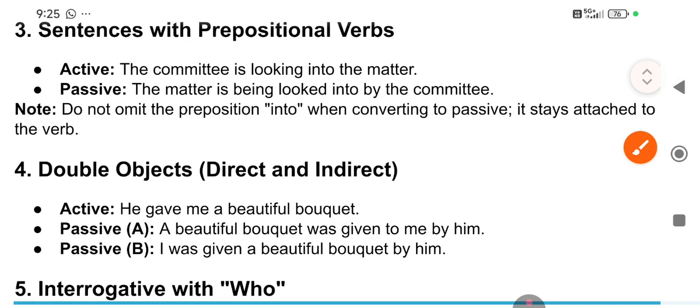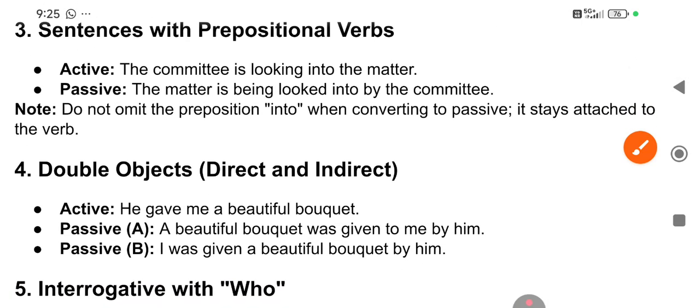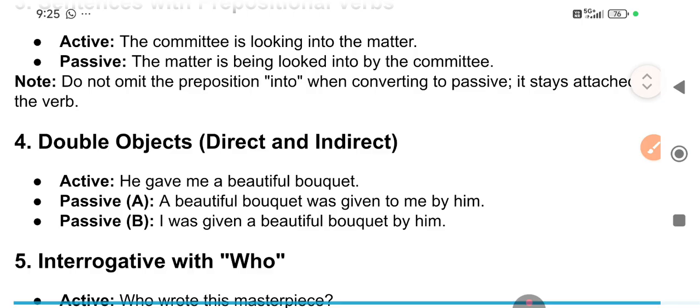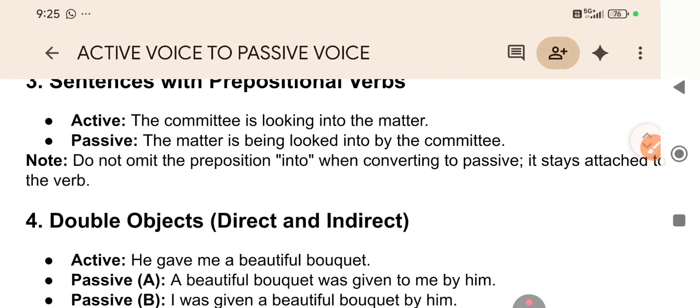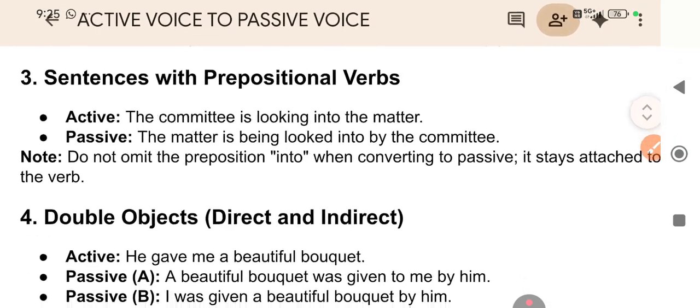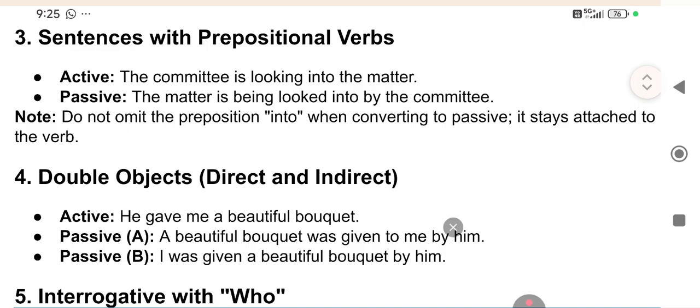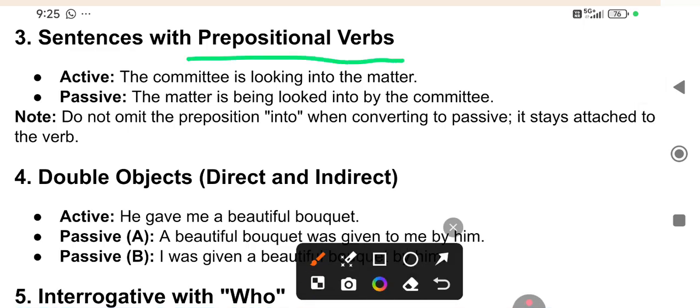Now moving to the third type, sentences with prepositional verbs. The committee is looking into the matter. Very important, prepositional verbs. So here, the committee is looking into the matter. The object is the matter. But your focus should be on looking.